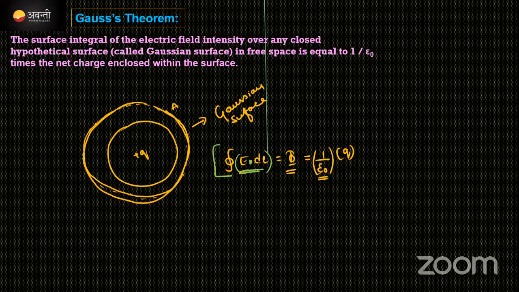In a closed integral, this whole surface, you have to integrate it. We need to do integration over this whole surface. If you do that, we will get a flux. This flux value will be equal to q by epsilon naught times the charge which is enclosed inside the surface. Whatever charge is present inside the surface, that we need to write here.